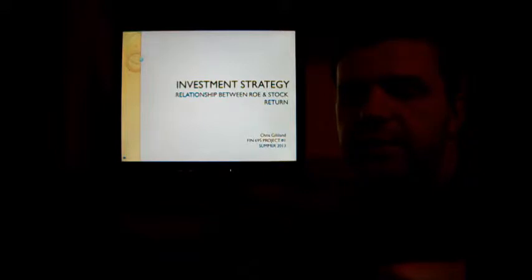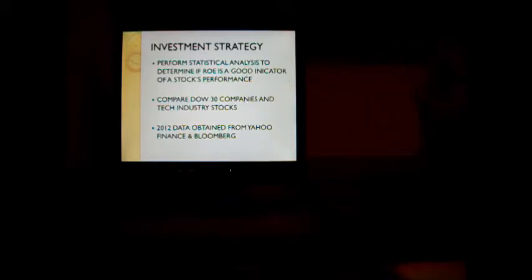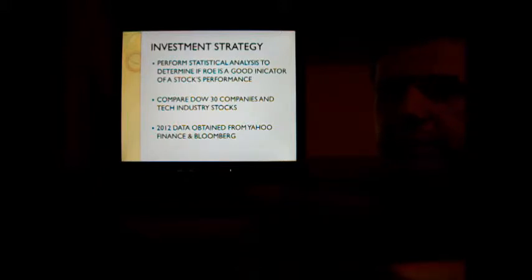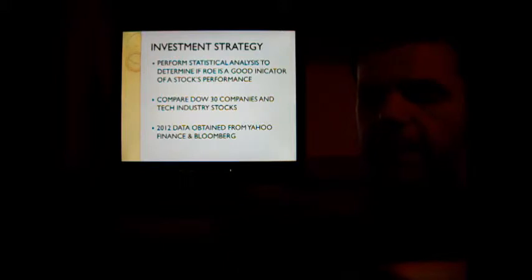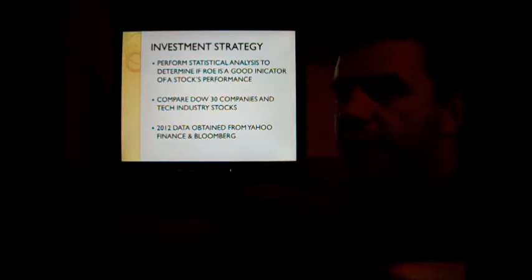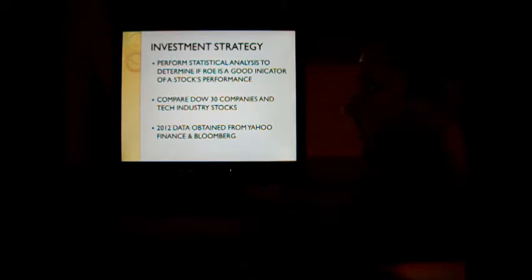The investment strategy that I'm going to show today is looking for a relationship between ROE and a company's stock return. We're going to perform a statistical analysis to determine if a company's ROE over a period of time is related to the return on their stock. To do this, we're going to do two analyses.